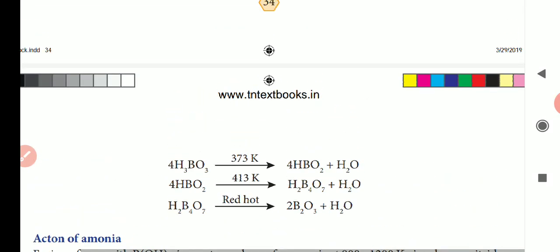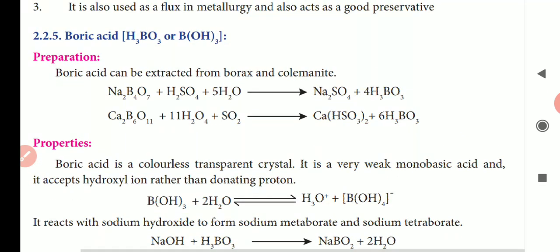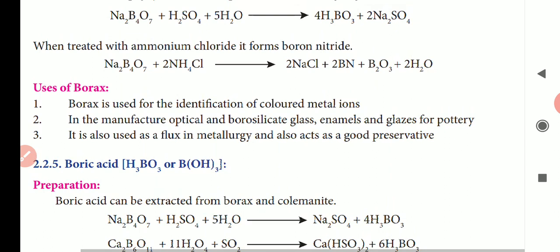What is the action of heat on boric acid? Each and every line is an important 2-mark question, so read each and every equation and line. Definitely 1-mark, 2-mark or 3-mark questions will be asked from this topic.